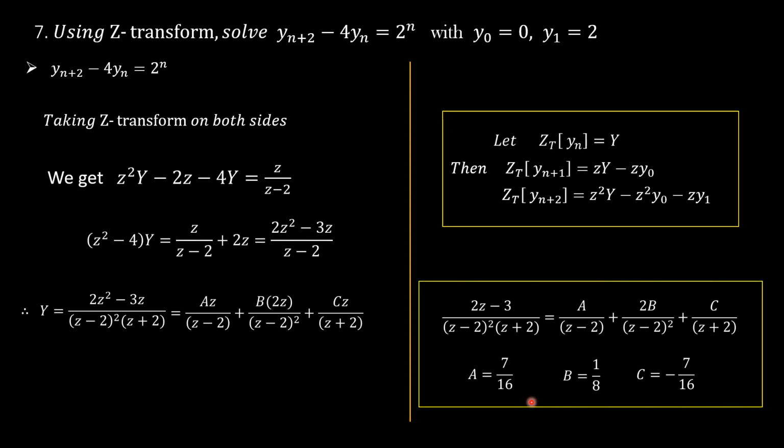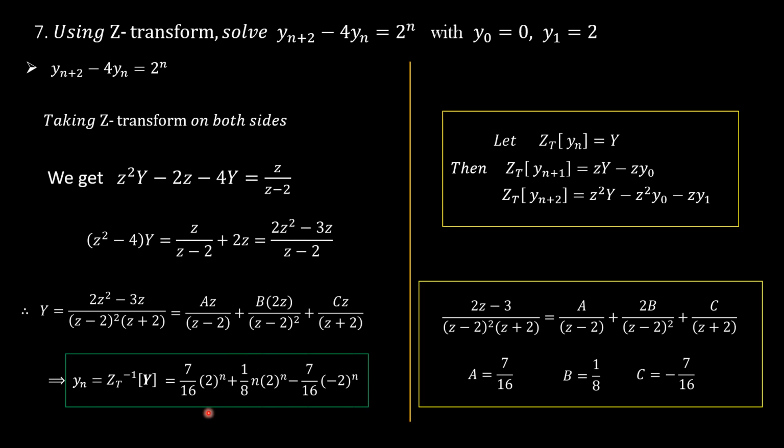By substituting a, b, c and by taking inverse Z transform, you will get the solution of the given difference equation: yₙ = 7/16 · 2ⁿ + 1/8 · n · 2ⁿ − 7/16 · (−2)ⁿ.